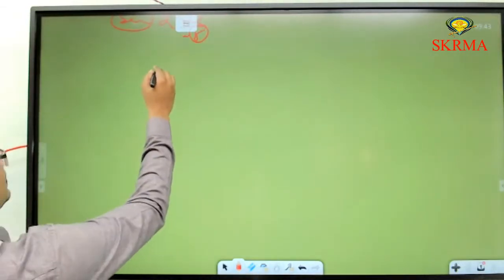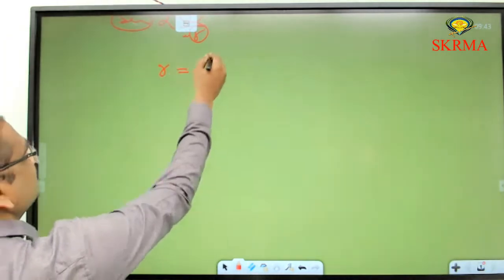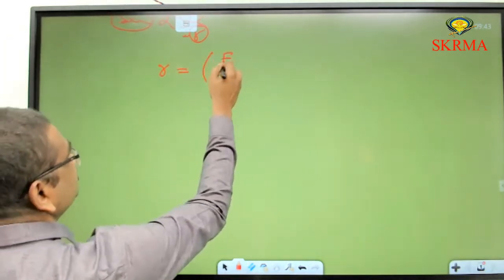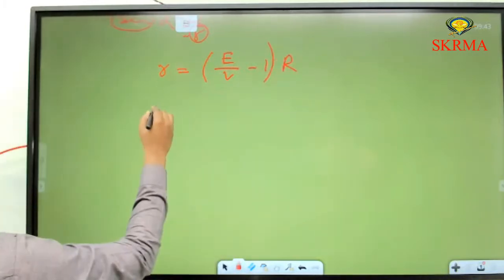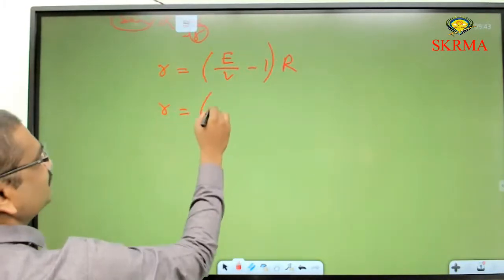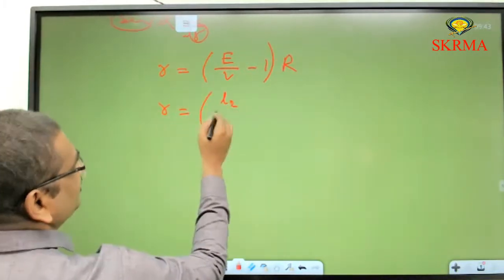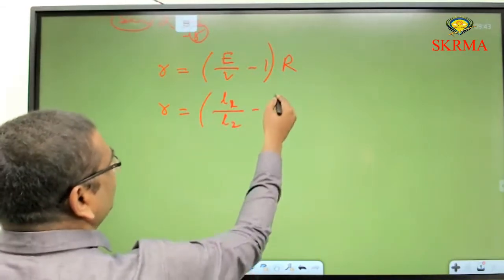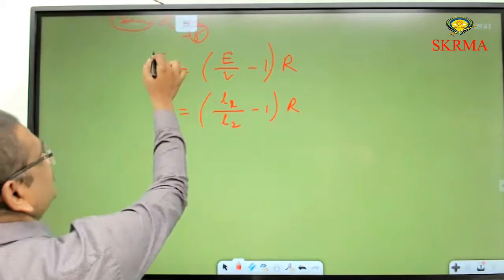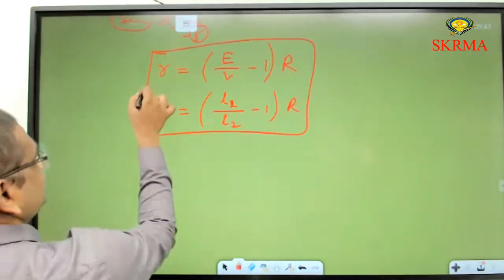Small r equal to (E by V minus 1) into R, and in terms of lengths, r equal to (L1 by L2 minus 1) into R. So these are the two formulas for the internal resistance of the cell.